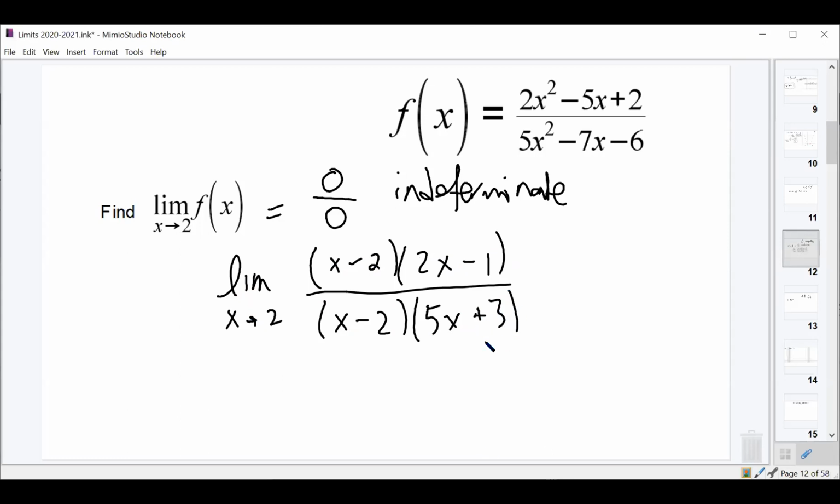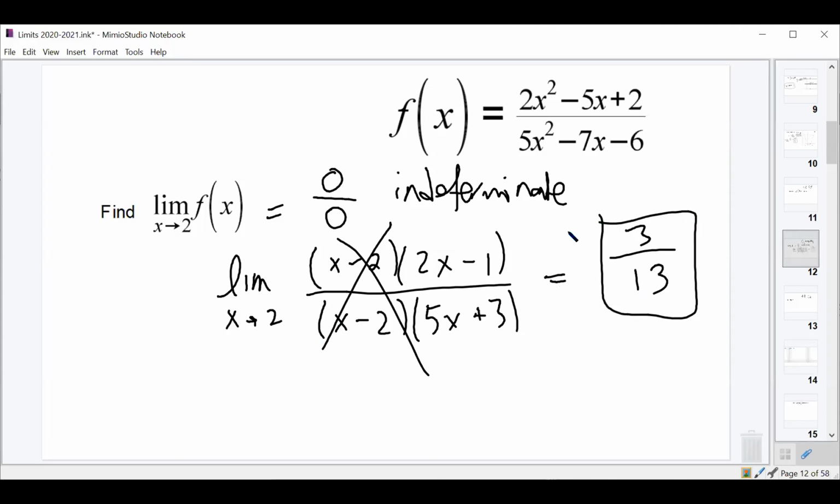Yeah. We lose those x minus 2s, and we end up with 3 over 13. Good or no? Everybody go with that?